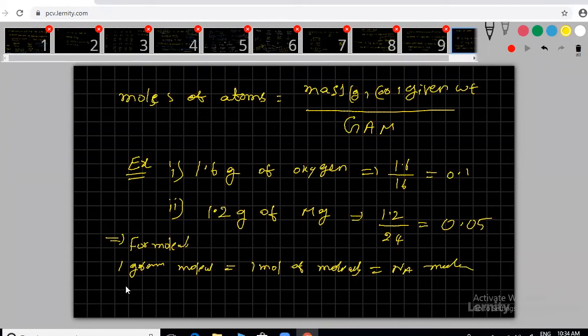So you can write molecular weight, gram molecular mass, equals the mass of NA molecules. So this is the expression for molecules.